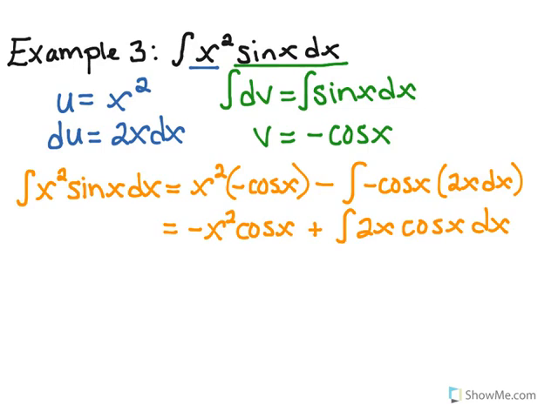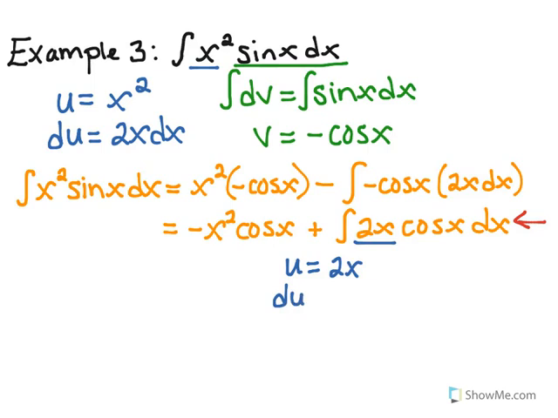Now here's the problem. If I look at this integral that I have at the end here, I still have a product where u substitution won't help, so I need to do integration by parts again. So now we need a new u and a new dv. So I'll go through the list again. L, logarithmic, nothing there. A, algebraic, that would be the 2x.